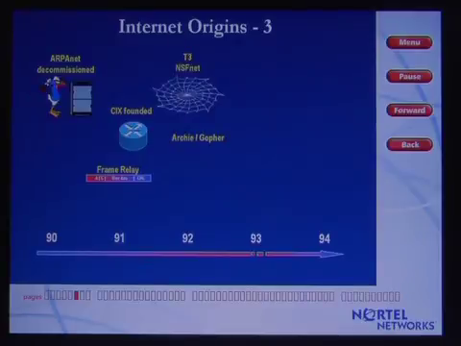NSFNet went to full T3 interconnects in 1991, and later that year new tools like Archie and Gopher were introduced. Founded in 1991, the E-Bone has provided global Internet connectivity across Europe, and more recently also in the USA. Originally established as an independent transit service provider, the E-Bone is now a wholly owned subsidiary of Global Telesystems Group.